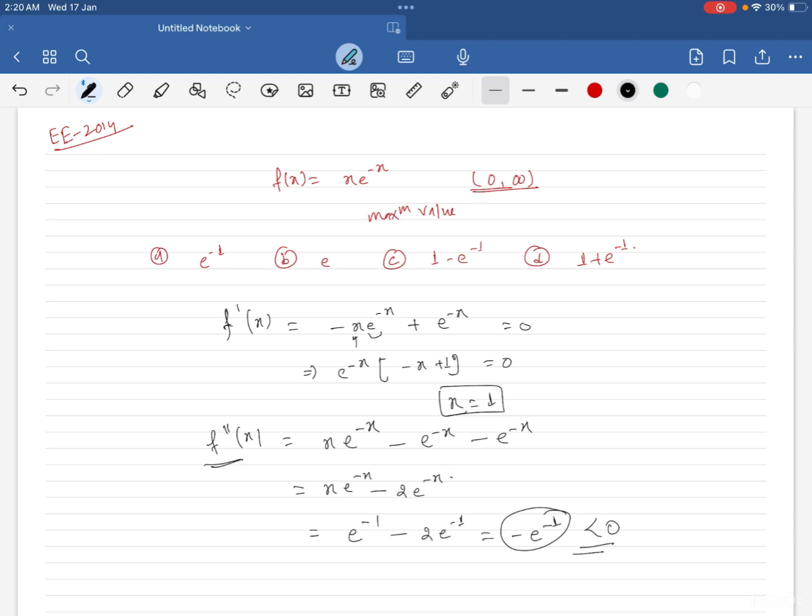So we are getting the double derivative at x equals 1 less than 0. So this point is a point of maxima, so we can put it in our function. So at x equals 1 the value is e to the power minus 1. So A is the correct answer.